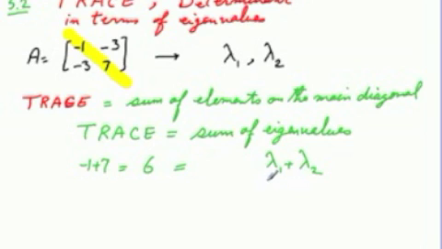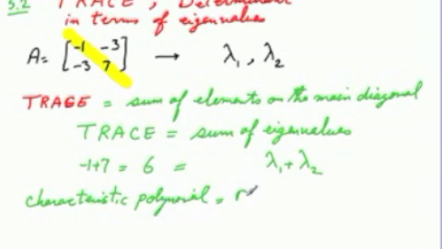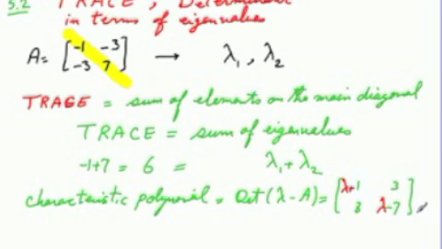Well, let's go and verify just for our matrix. What did we do to get the eigenvalues? We said we get the characteristic polynomial, that is the determinant of lambda I minus A. So you take your matrix, flip all the signs, so it will be -1, 3, 3, -7, and then you add the lambda to it.